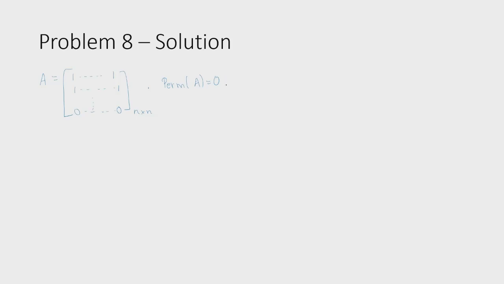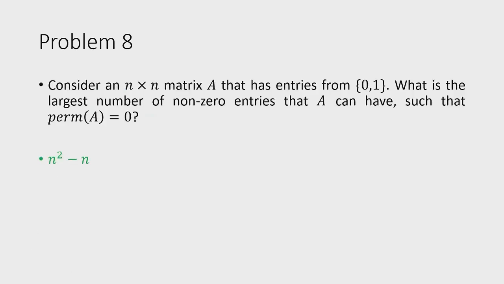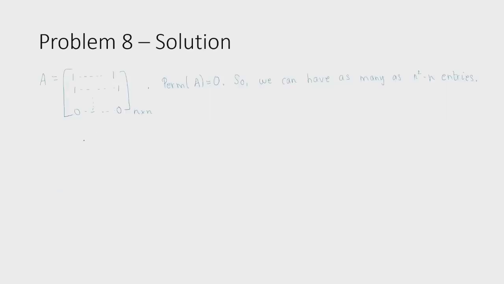That also directly follows from the definition of the permanent. So we can have n square minus n entries. This tells us that even if we have n square minus n entries, the matrix can have a 0 permanent. So n square minus n is a lower bound on this answer. Now let's show that it is also an upper bound.